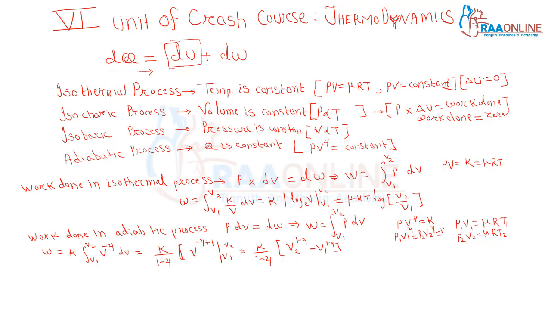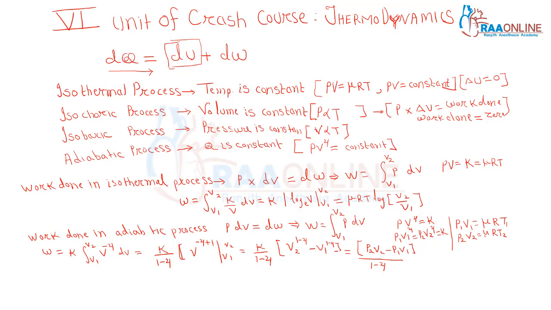We write K for this. Now we are taking K inside, and where K is multiplying with V2, I am writing P2 V2 raised to the power gamma. Where we are going to multiply K by V1, we will write P1 V1 raised to the power gamma. So by taking inside, here I will get P2 V2, next I will get P1 V1, divided by 1 minus gamma.